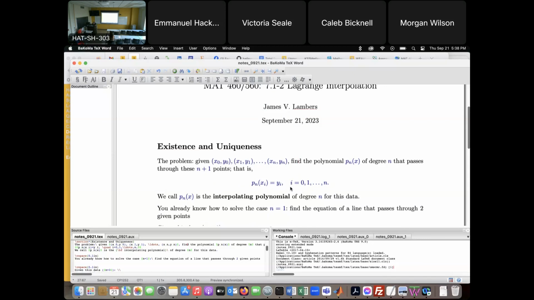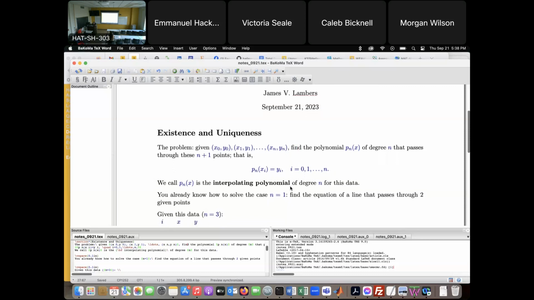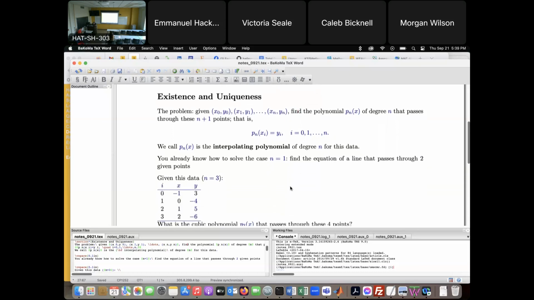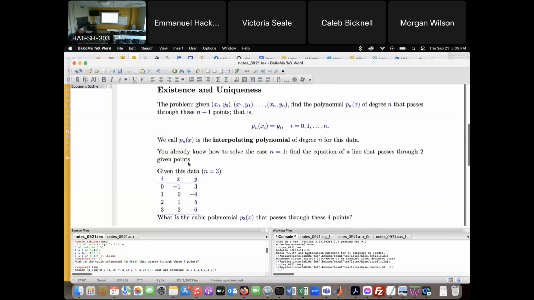So for a polynomial of whatever degree, with however many points, how do we come up with this polynomial? So here's an example. Here's some given data. I have points indexed x0, x1, x2, x3. These are my x values: -1, 0, 1, 2. They happen to be equally spaced in this example, but that's not necessary in general.